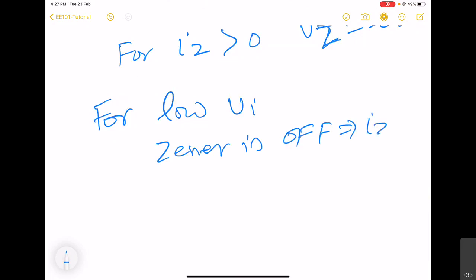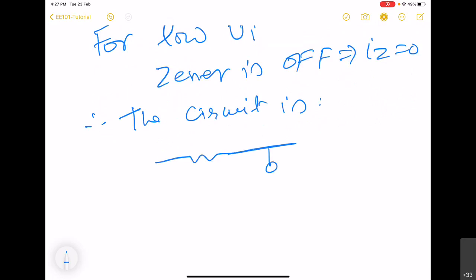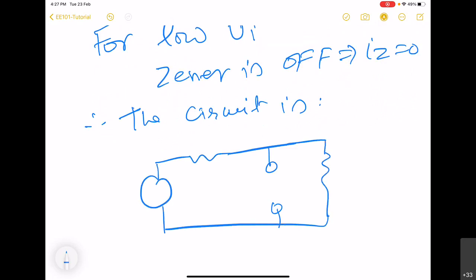This implies Iz is equal to 0, and in that case, under such situation we are going to have this circuit. Zener is off, so there is a broken path there, and then we have our remaining components.